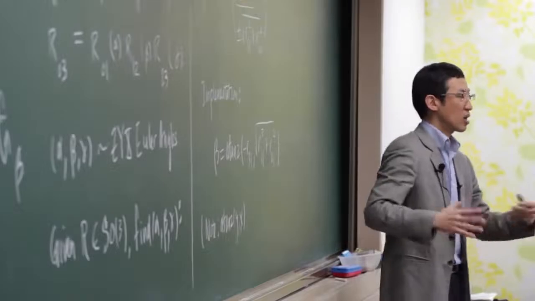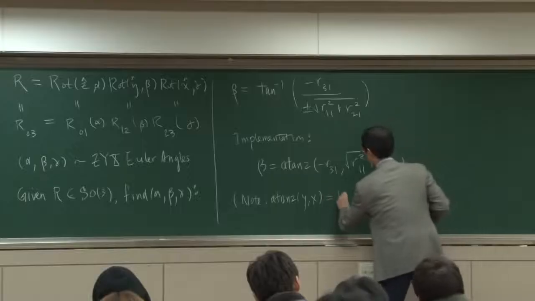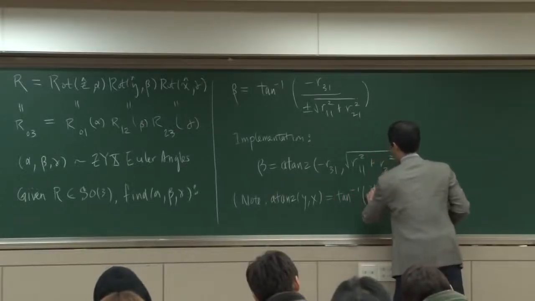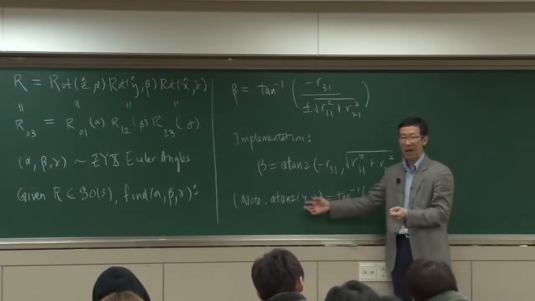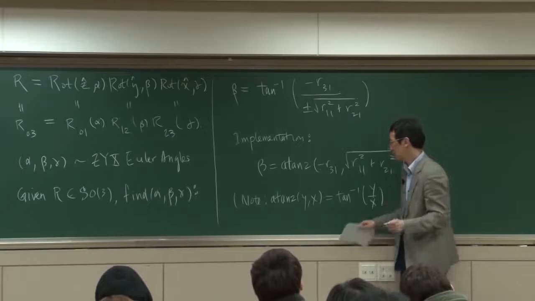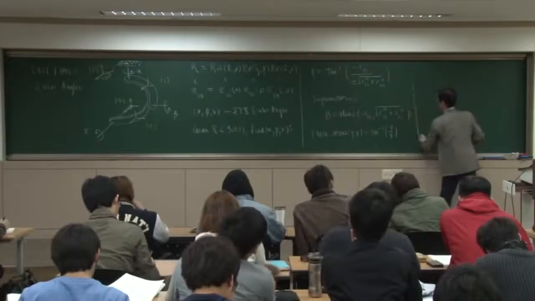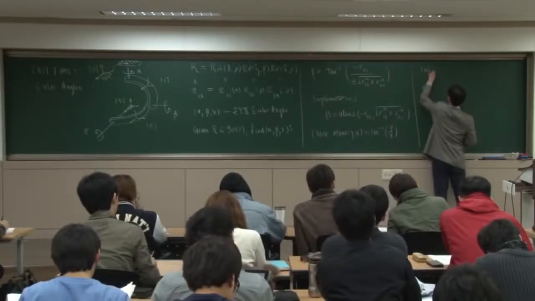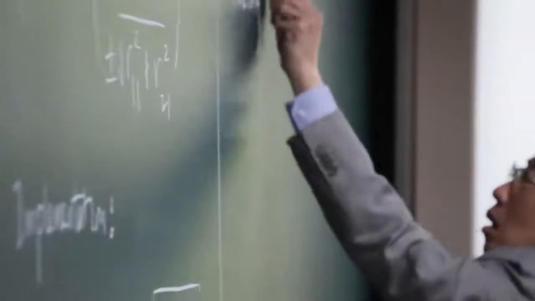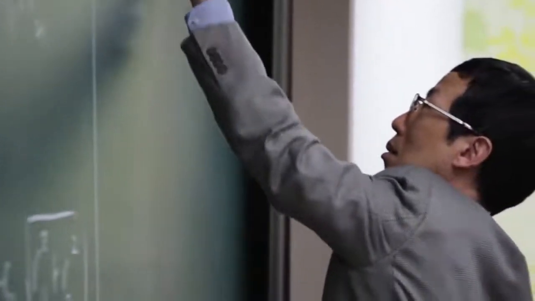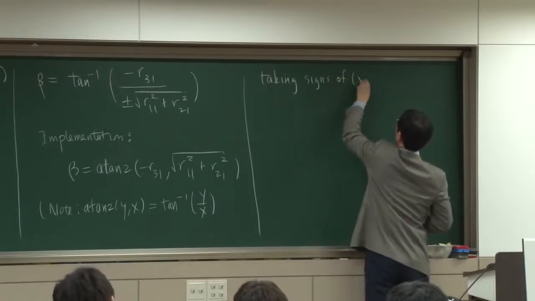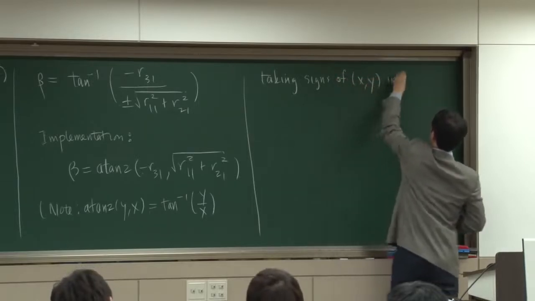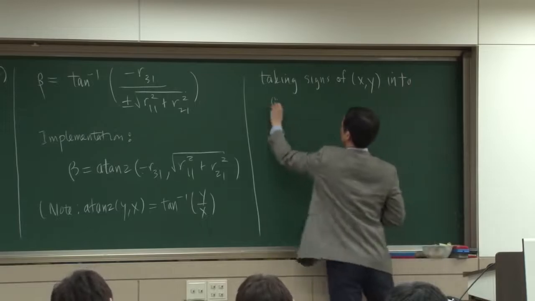This is the arctangent, but it takes into account the signs of y and x.